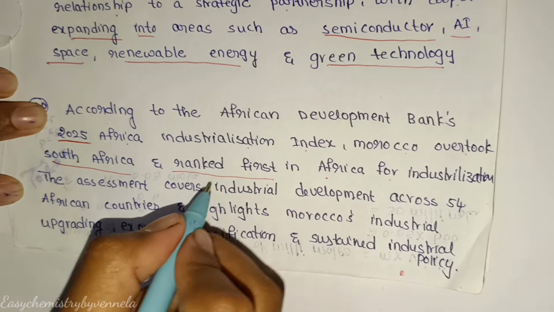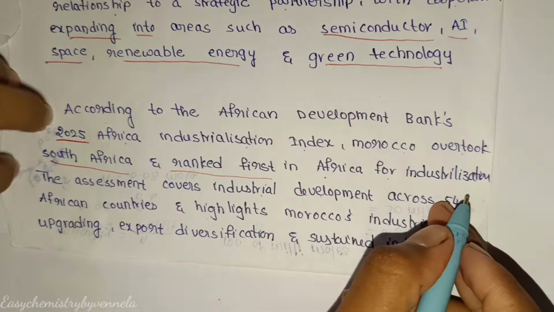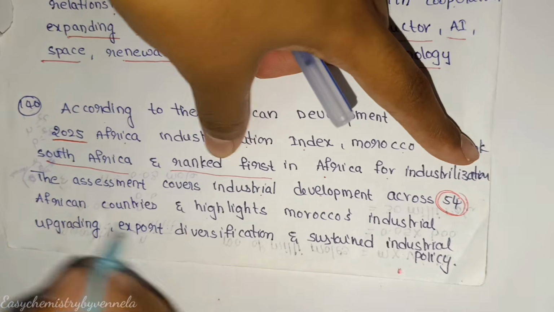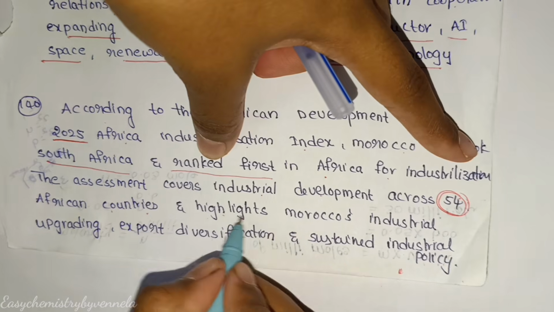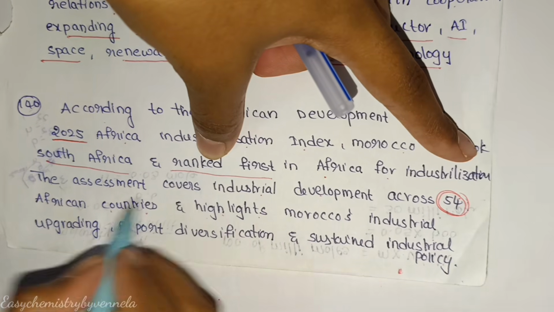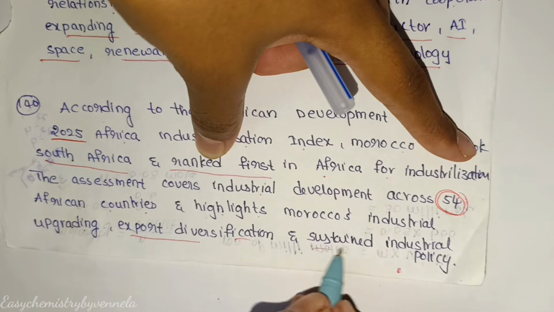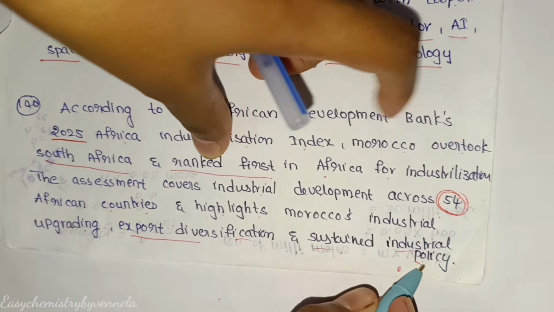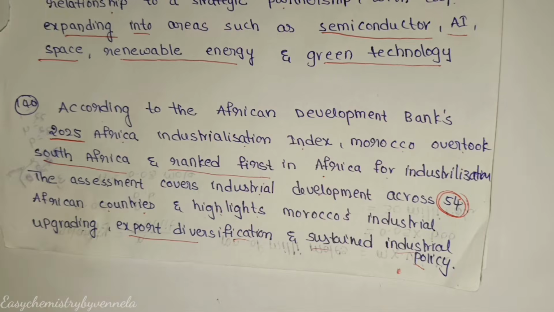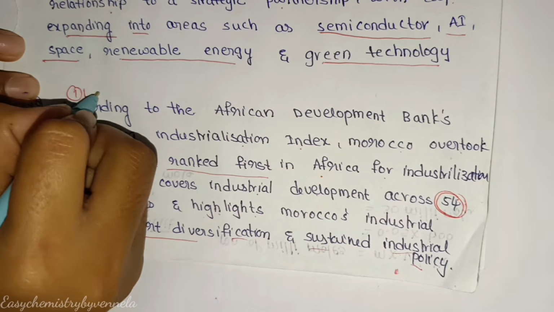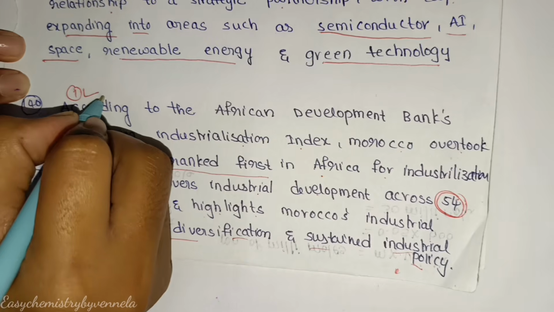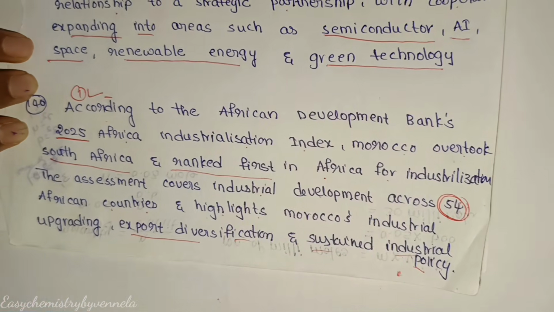The assessment covers industrial development across 54 African countries and highlights Morocco's industrial upgrading, export diversification and sustained industrial policy. So which one is the correct one? The first option is the correct one, that is most industrialized economy.